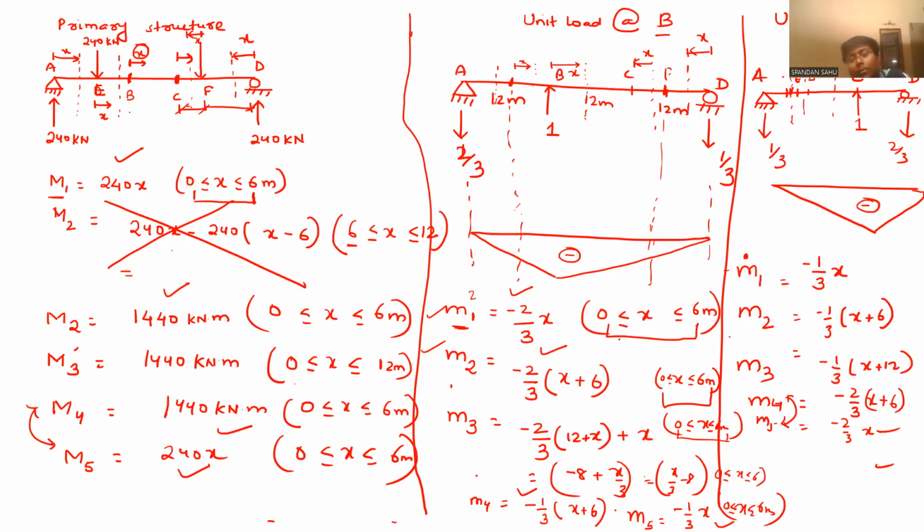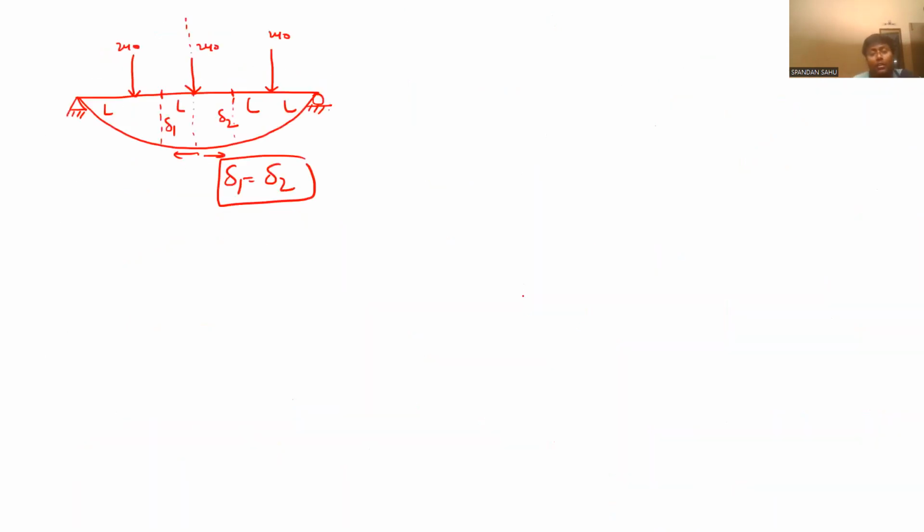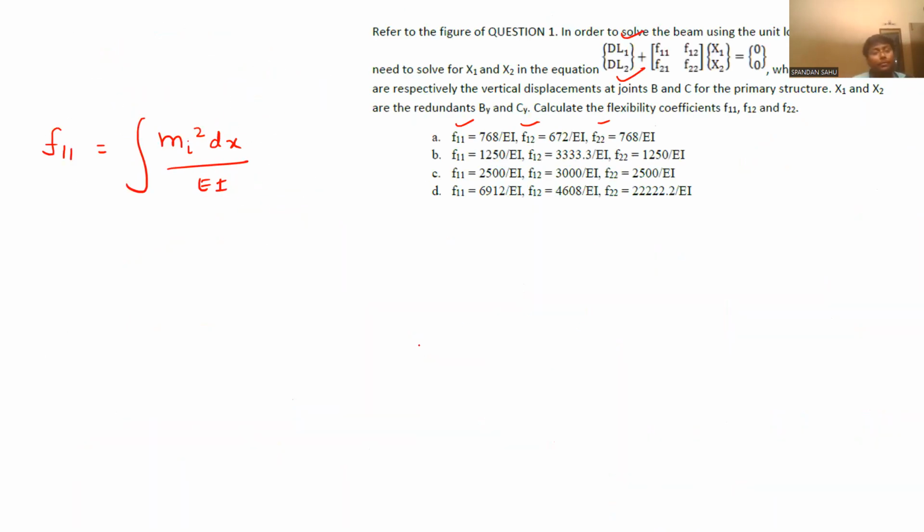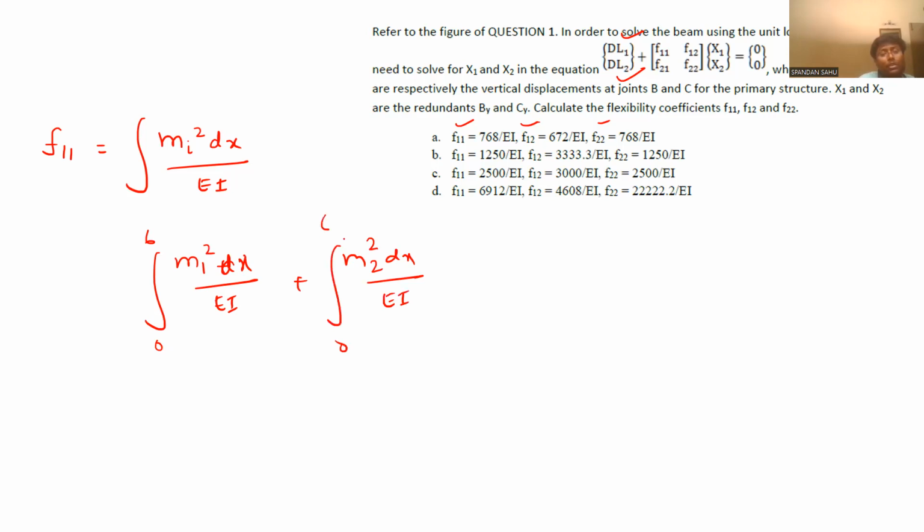So here you have to just keep square. It will be M1 square dx by EI integration, plus this will be 0 to L or 6, M2 square dx by EI, plus 0 to 6, M3 square dx by EI.